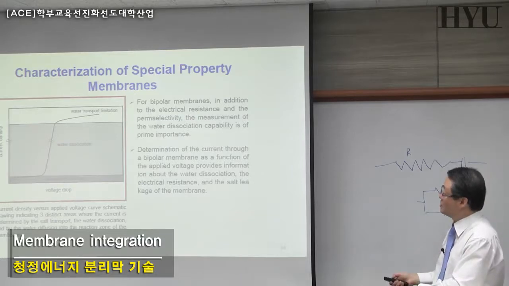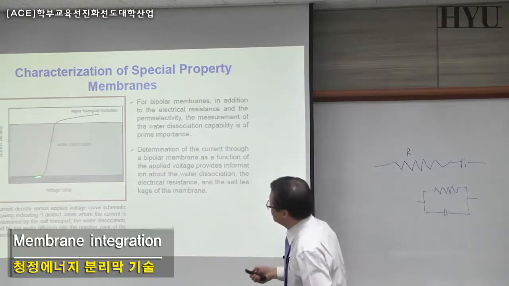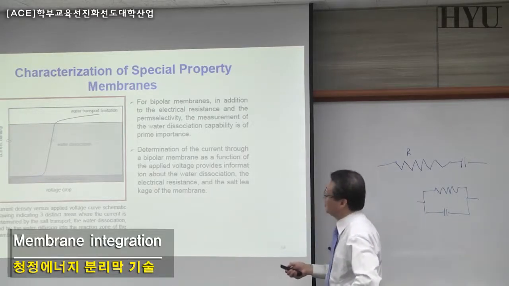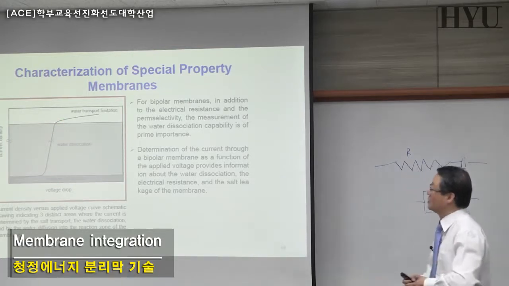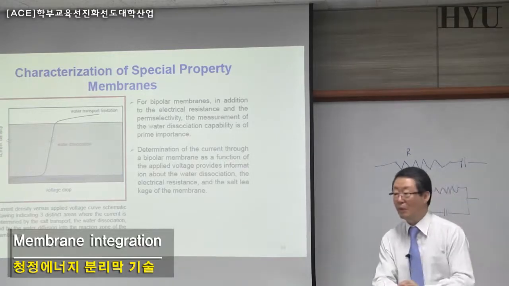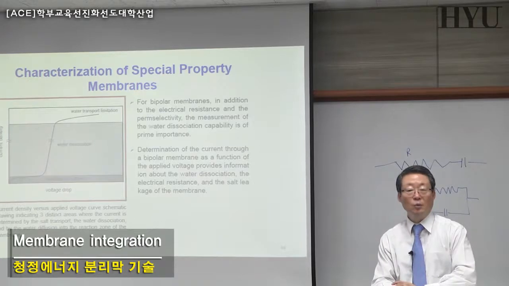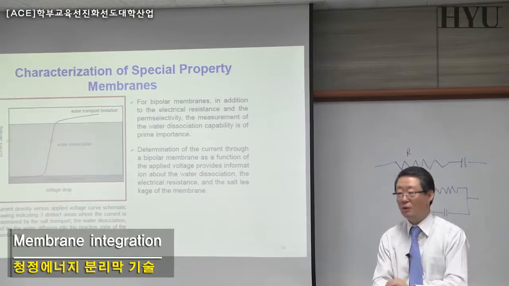But in this case, it is not linear. You have some regions. There is a transport of the salt ions, whereas you have a dissociation of the water, and the transport limitation is determined in this case. So, for specific membrane application, you will need to know the specific property of the membrane if you go more deeply into the ion exchange membranes.